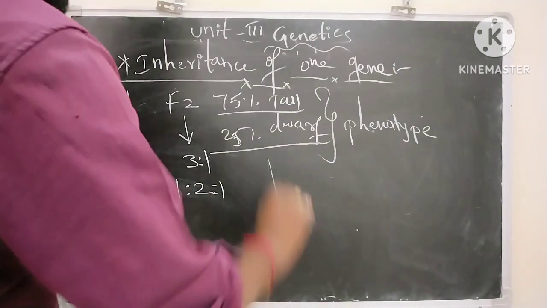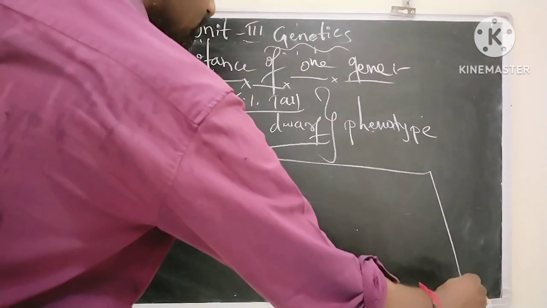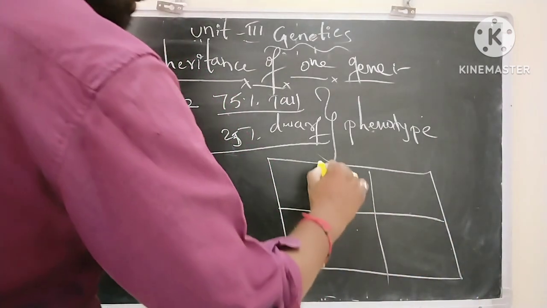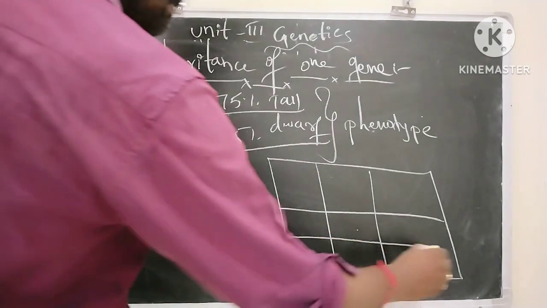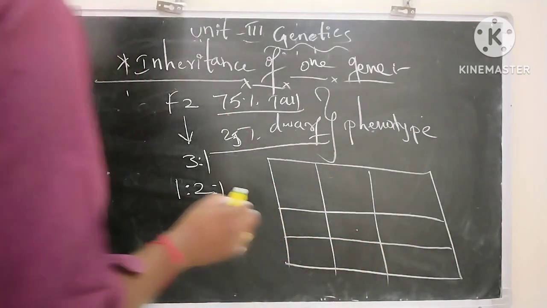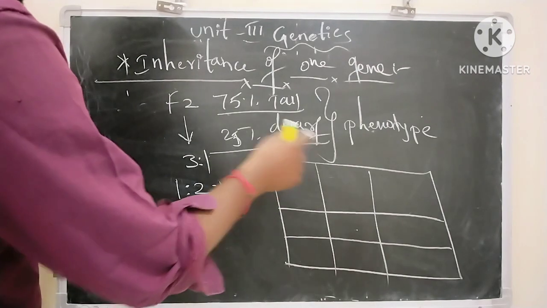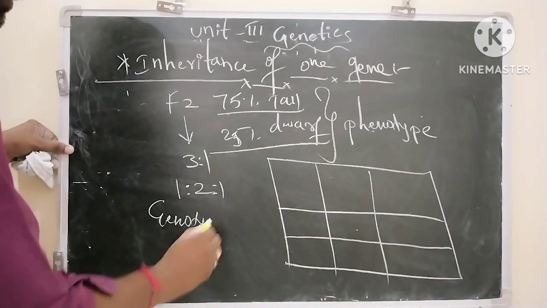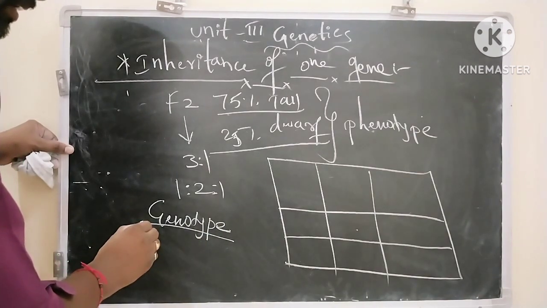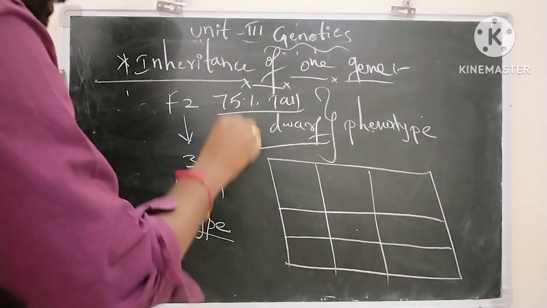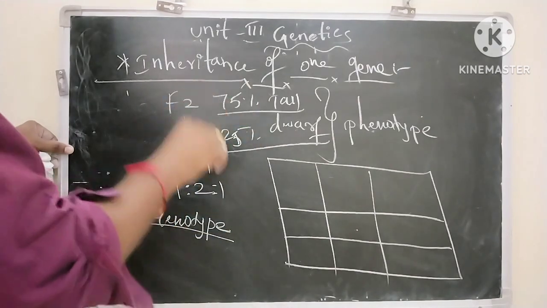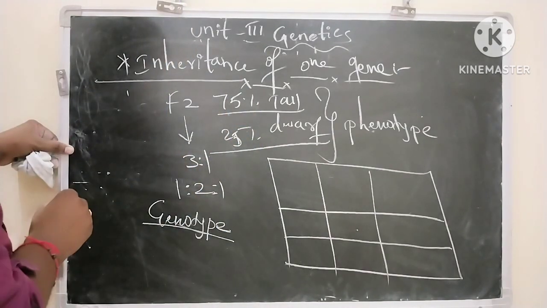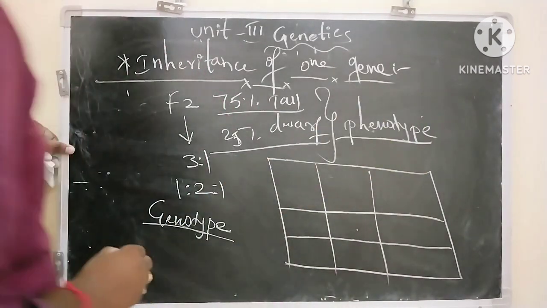Okay, for example, we can also take this in the form of a Punnett square. The genetic makeup of an individual is called genotype. What is genotype? Whatever alleles are present inside the gene. And how they appear is called phenotype.